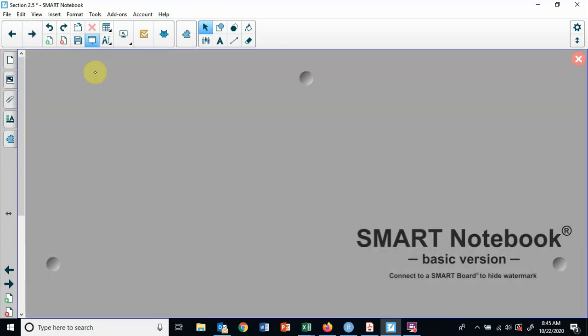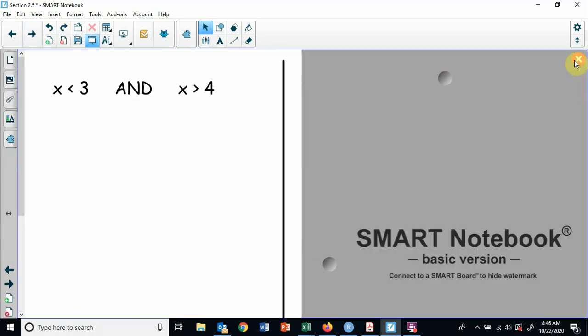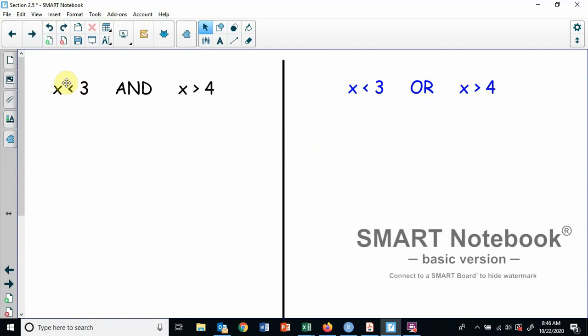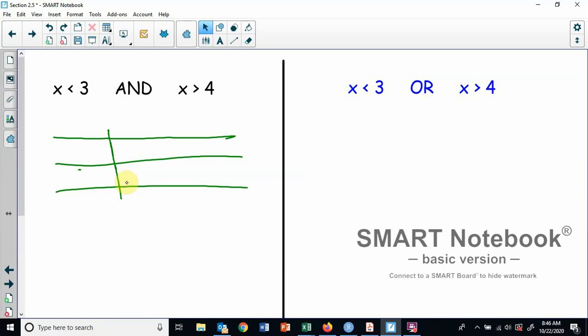Another example of the same two numbers, but with an AND and an OR. I guess I don't have to cover it up this time. Less than 3, greater than 4. We're going to do an AND and an OR. So let's put 3 lines down. We'll do the AND first again. Let's put them in the right order. 3 is smaller than 4, so 3 goes here, 4 goes here.